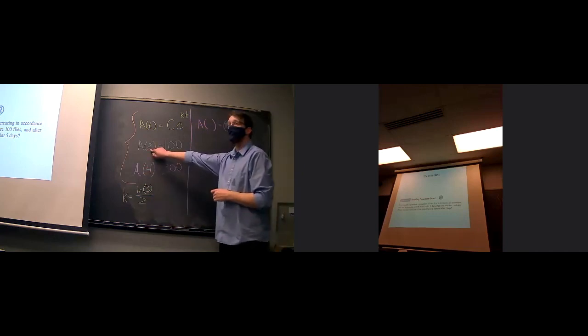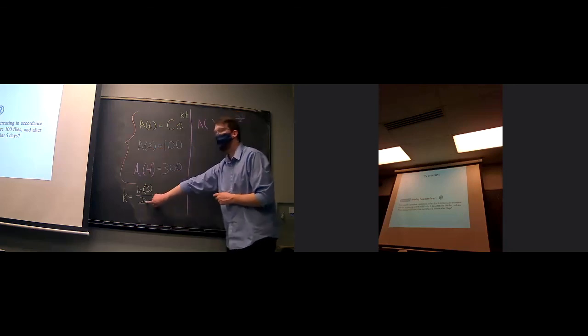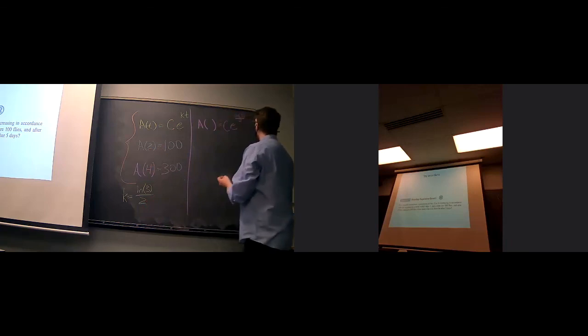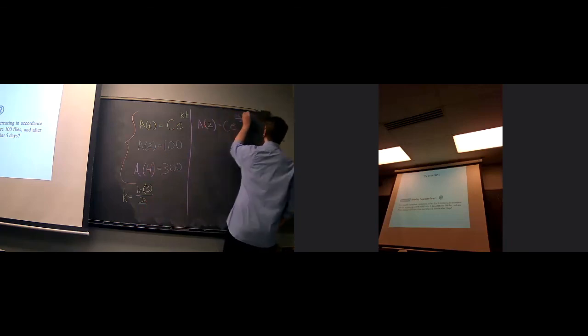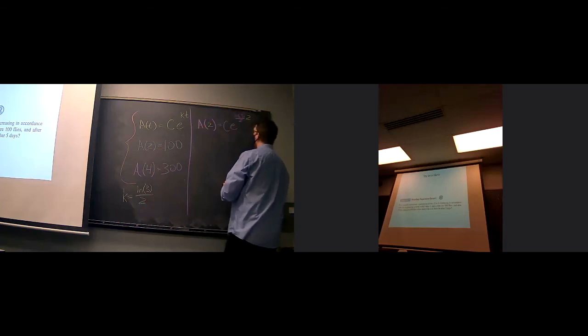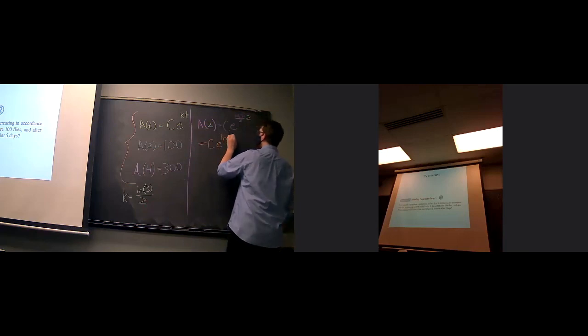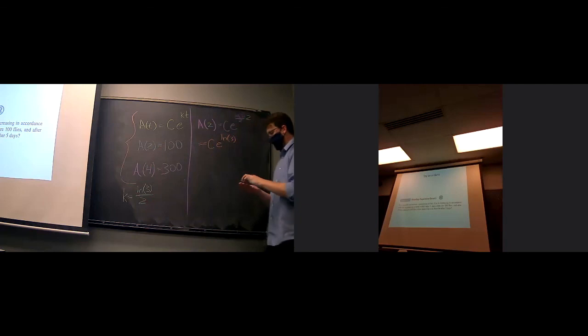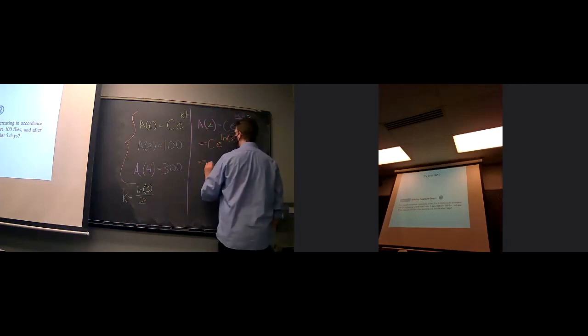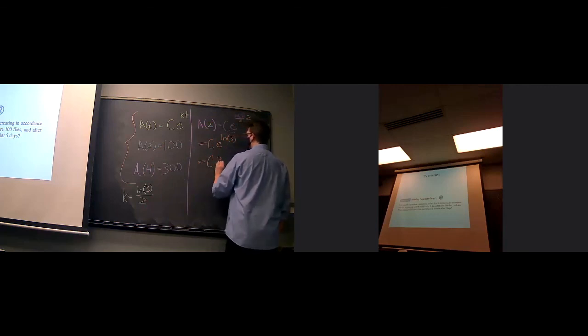Since we've got data given to us at time equal to 2, why don't we use that, because it'll cancel with this denominator. That means we're going to have a nice reduction here. This is going to come out to be C e to the ln of 3. The e to the ln of anything is just that anything, so this is going to be equal to C times 3.